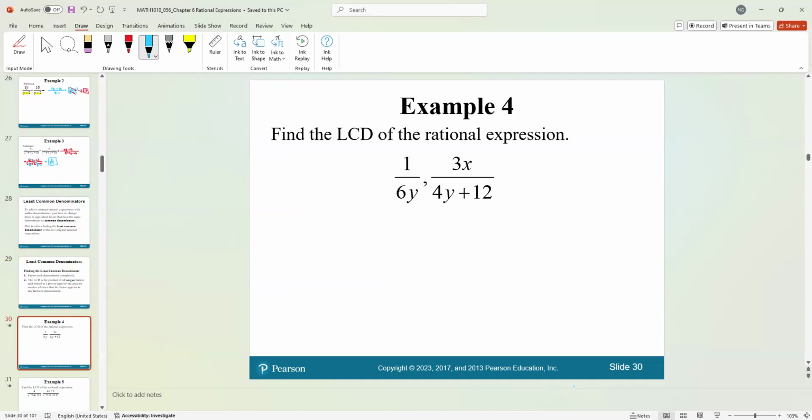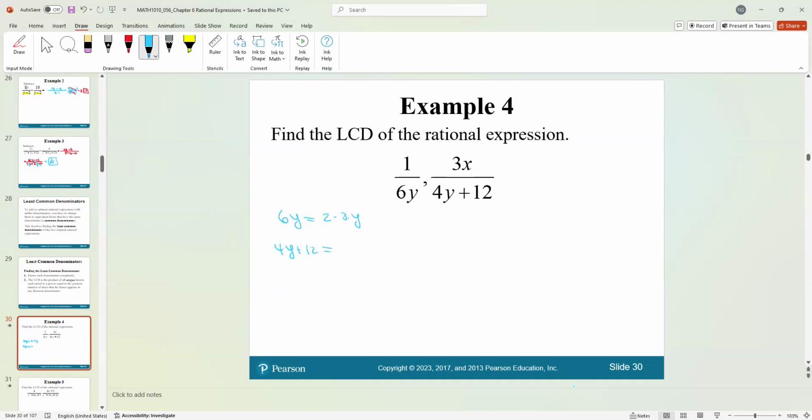When I look at this one, the first step, as I said, is to factor. I look at the denominator, and I can factor this one as 2 times 3 times y. How would you factor 4y plus 12?